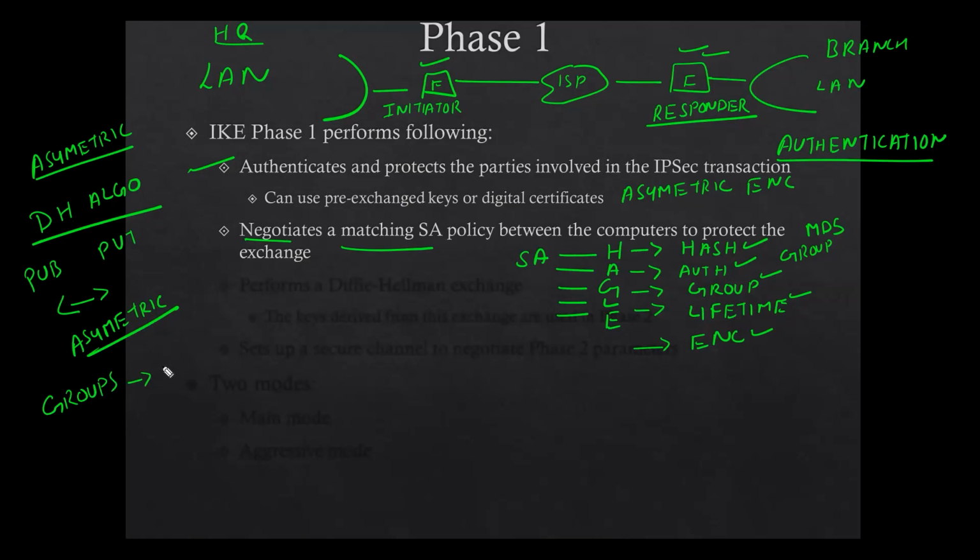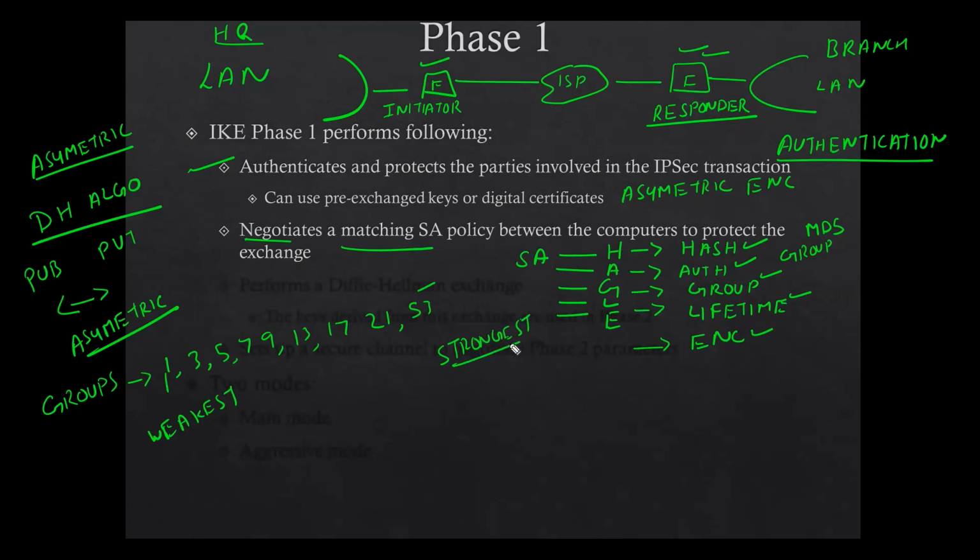Groups basically means you have 1, 3, 5, 7, 9, 13, 17, 21, 53, and so many more. I do not remember all of them. Point is, this is the weakest, and as the number value goes up, that will be the strongest.